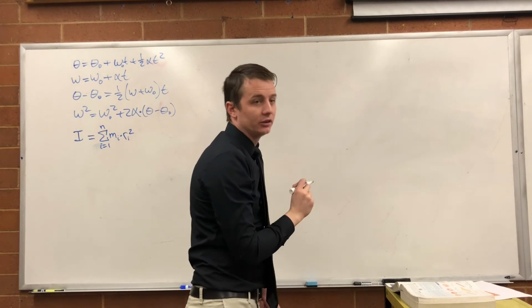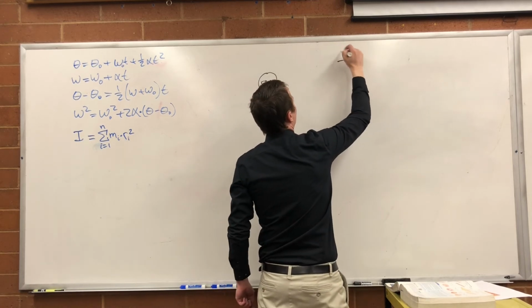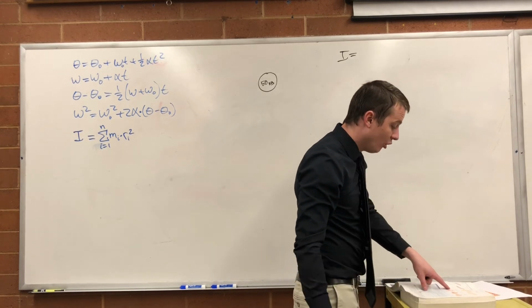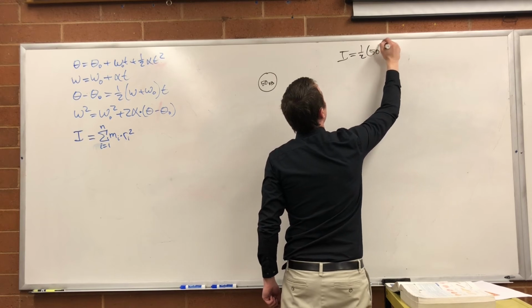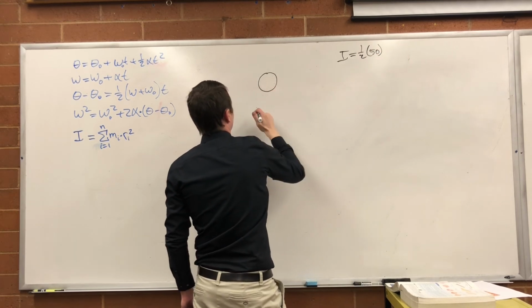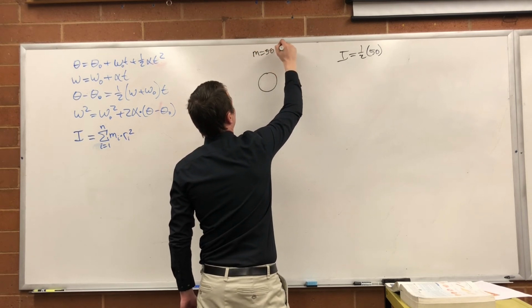And since it's a solid cylinder with mass 50 kilograms, I'm automatically thinking its moment of inertia, look it up on the table, is 1/2 m r squared. We'll get the r in a second. So I'll just write m is equal to 50 kilograms here.